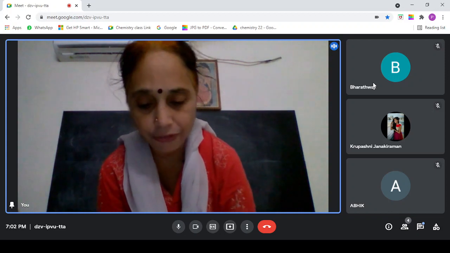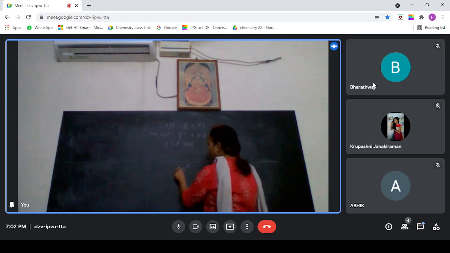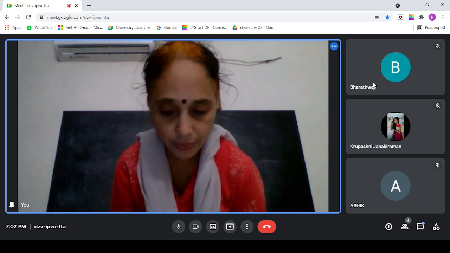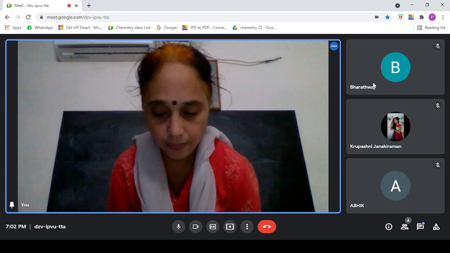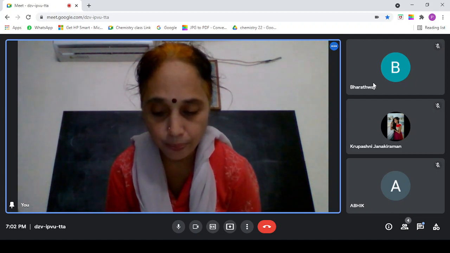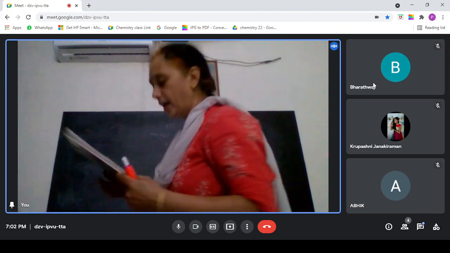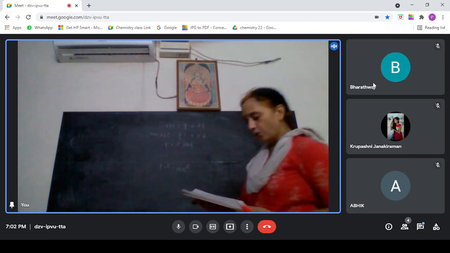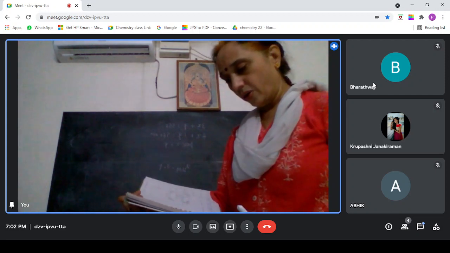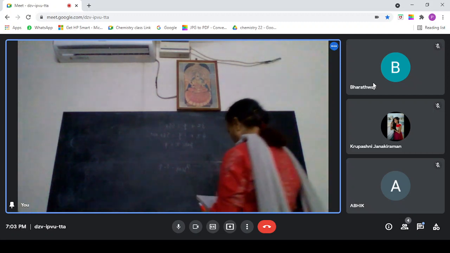The mole fraction of ethyl alcohol in its solution with methyl alcohol is 0.8.